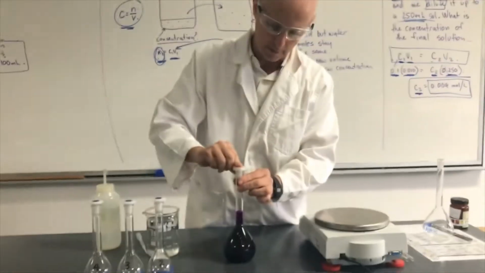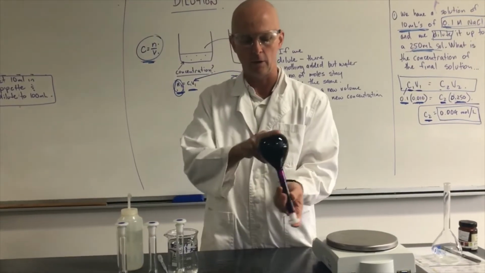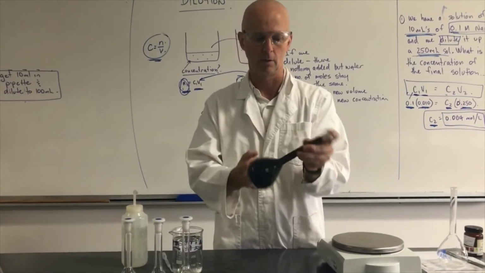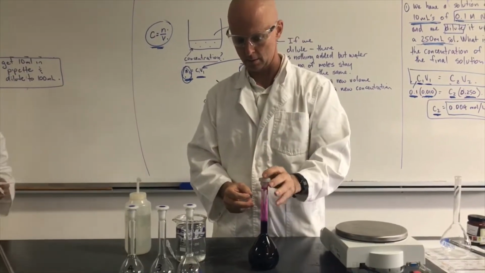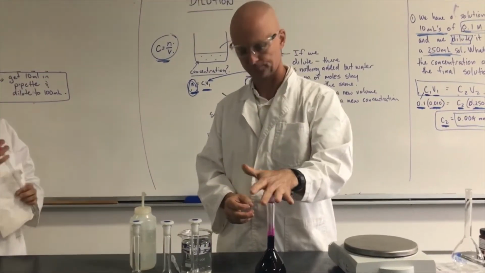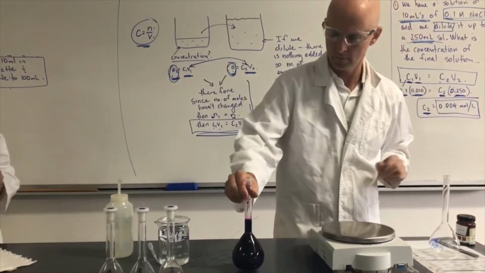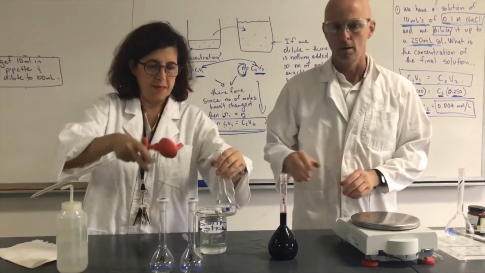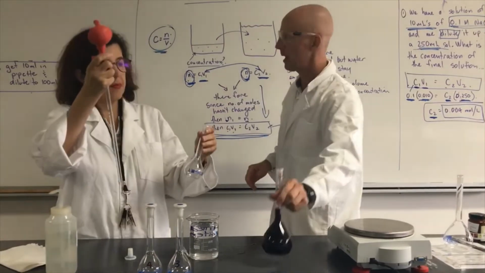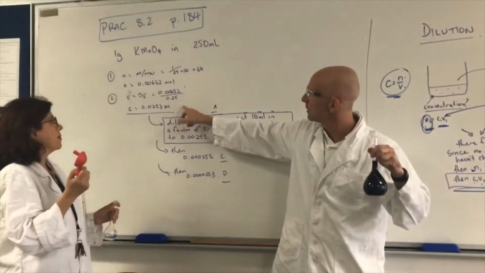Once you have been accurate with that, place the seal on the top, put your finger on the top so it doesn't go anywhere, and then you just invert it 3 times. So there we have our accurate solution.